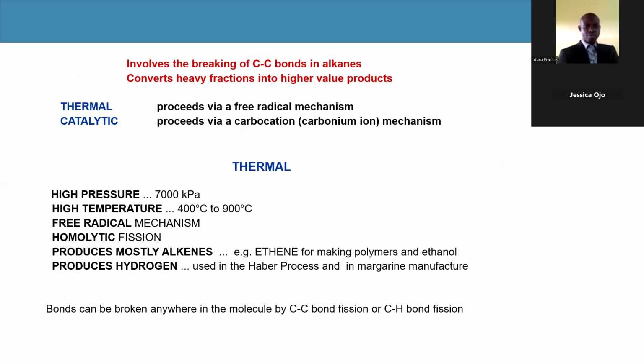Cracking usually involves breaking of the carbon-carbon bond in the alkane. The higher fraction is always alkane. So the carbon-to-carbon bond is usually being broken. There are two major products obtained when cracking takes place.